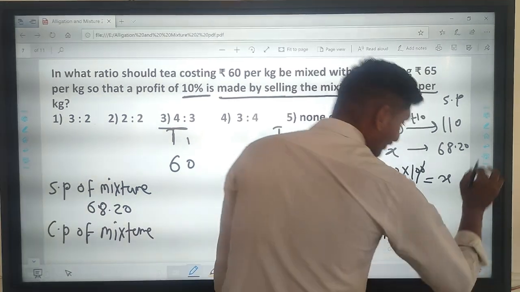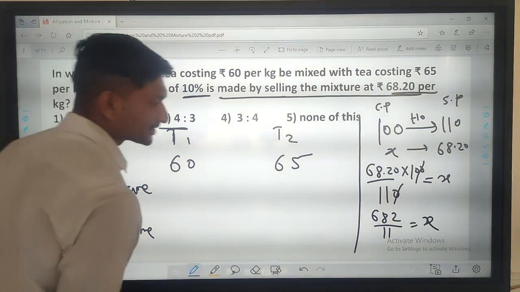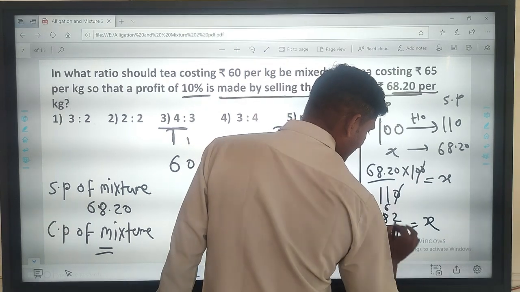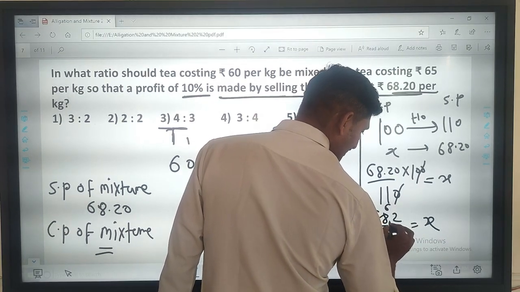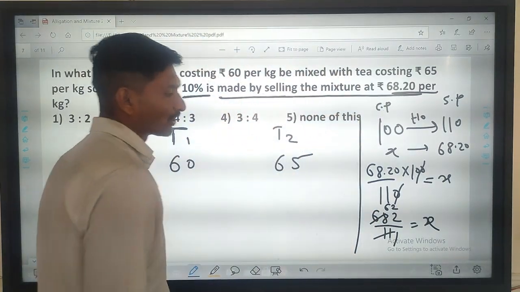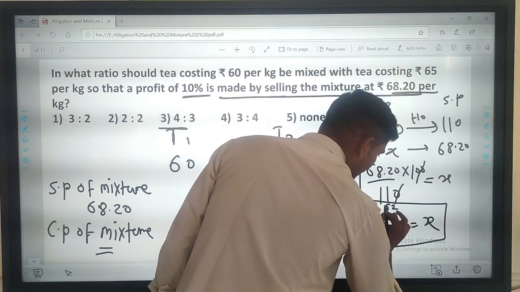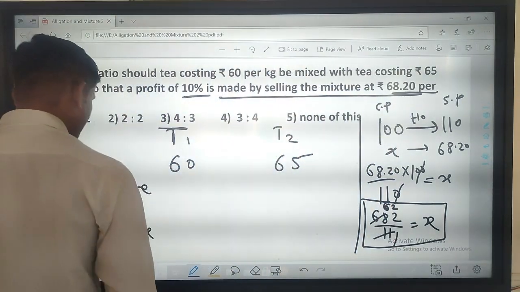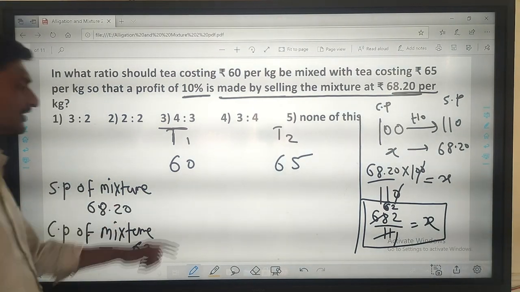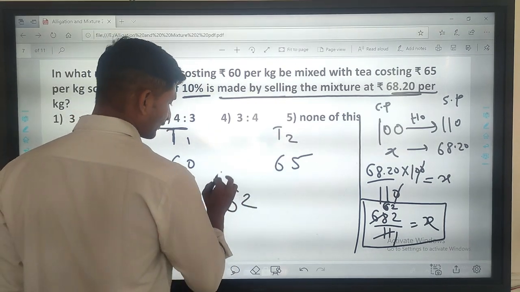This is the cost price of the mixture. 11 sixes are 66, remainder 2, and 2 becomes 20, so 62. Your cost price CP of the mixture is 62.